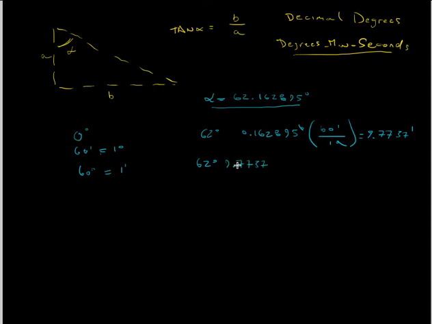So now we have 62 degrees, 9.7737 minutes. Now we want to get seconds. So we leave the 9 minutes. Now we have 0.7737 minutes. We want to convert that to seconds, and we said that 60 seconds is equal to 1 minute.